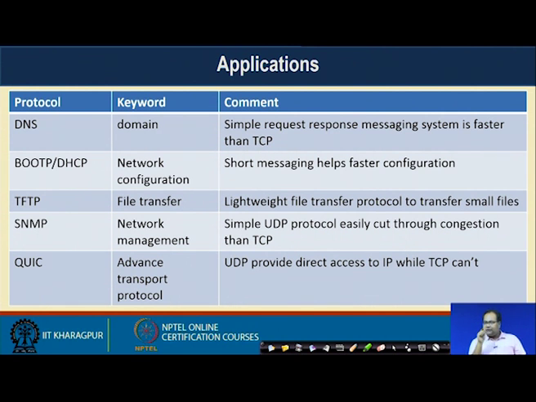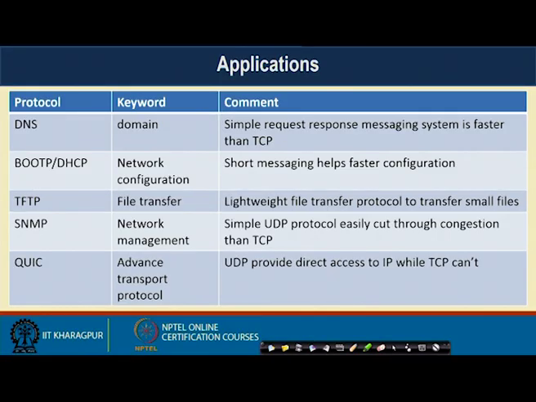In TCP, if there is congestion, then TCP reduces the rate, but UDP does not take care of congestion, so if the packet comes to the buffer and is not dropped from that intermediate buffer, eventually it will get transmitted. That is why we use UDP in the case of SNMP.